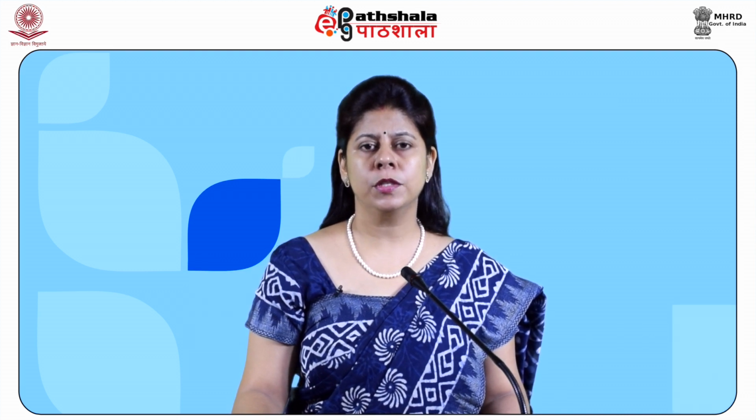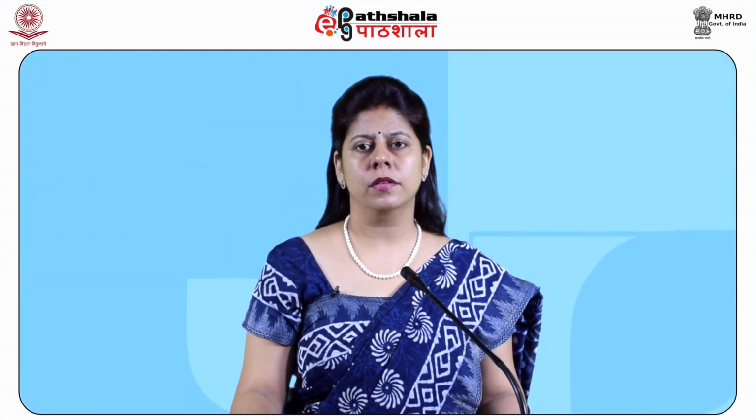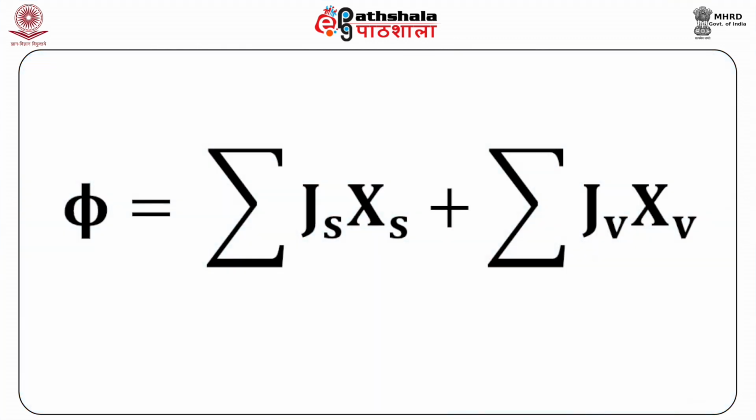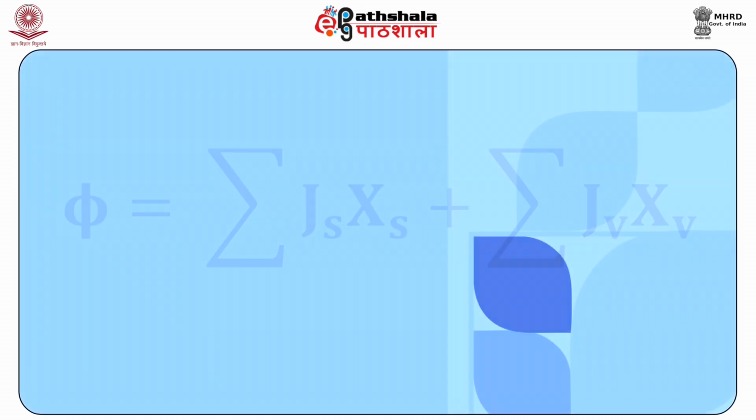According to the Curie principle, the dissipation function is given by the sum of summation Js into Xs plus summation Jv into Xv, where Js are the scalar flows and Xs are their conjugate forces. Jv are the vectorial flows with Xv the corresponding conjugate forces.